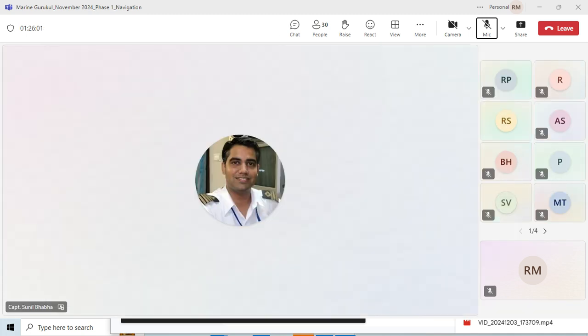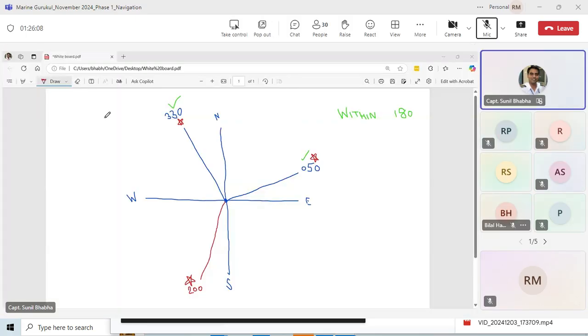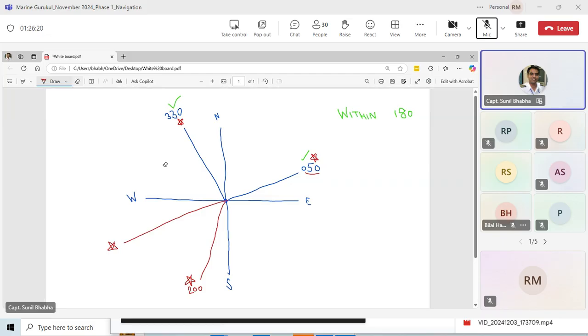Sir, if the third bearing is 230? If it is 230, beta, it will be totally reciprocal of 050. Now that's not possible, because with this the cocked hat will not be formed.